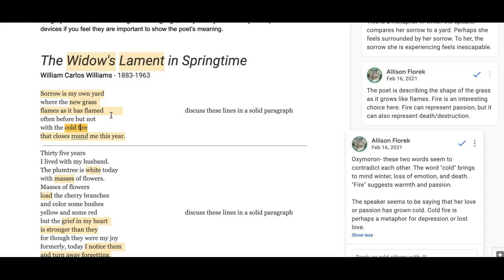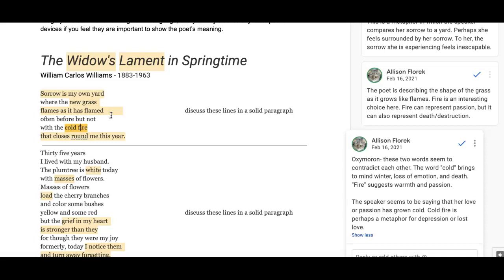And so cold brings to mind things like winter. Sometimes we also use the word cold to describe somebody who lacks emotion or who is cold-hearted. It could also represent death, whereas fire suggests warmth and, as we said before, potentially passion.